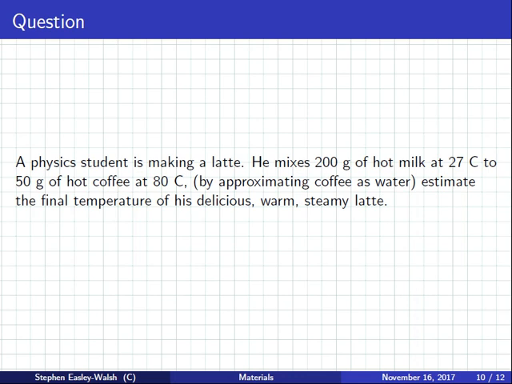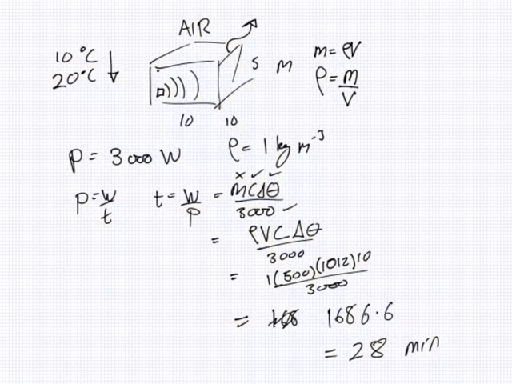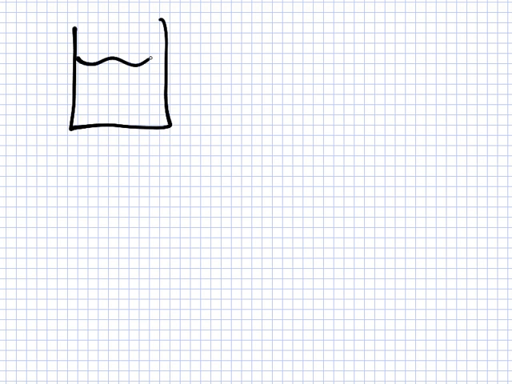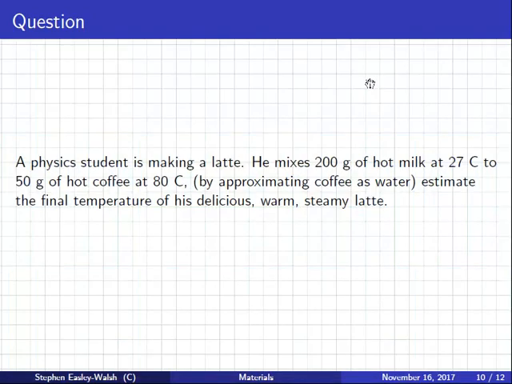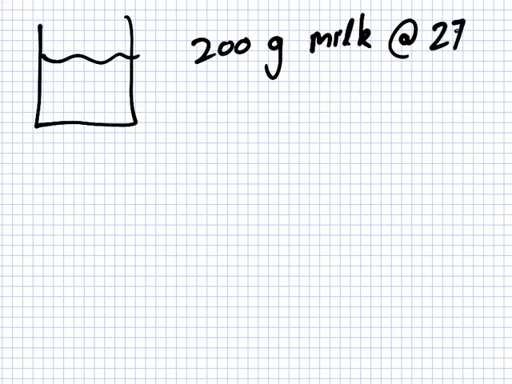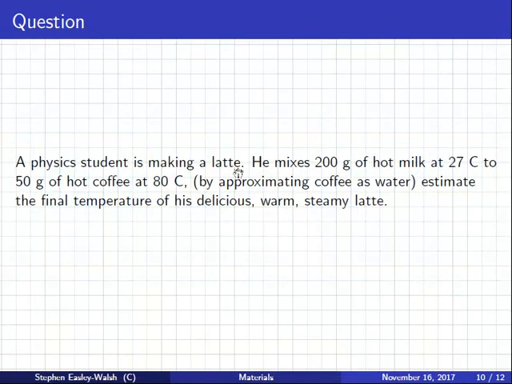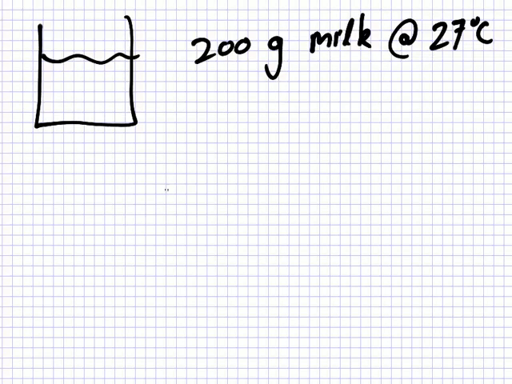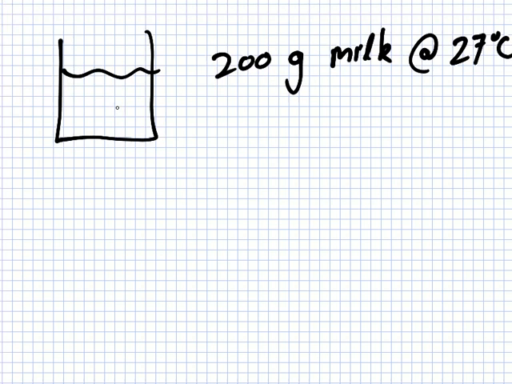How much milk do we have? We have 200 grams of milk. And what's the temperature? It's at 27. Then you mix in 50 grams of coffee. So you pour the coffee in.